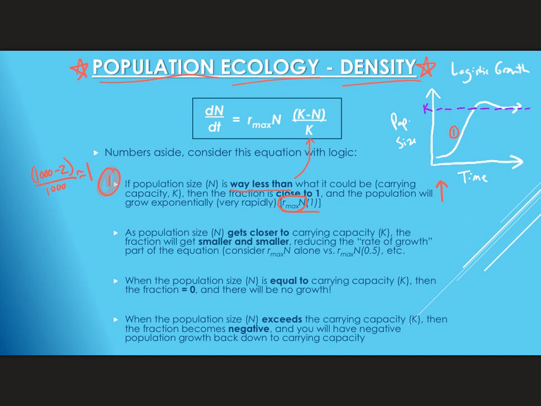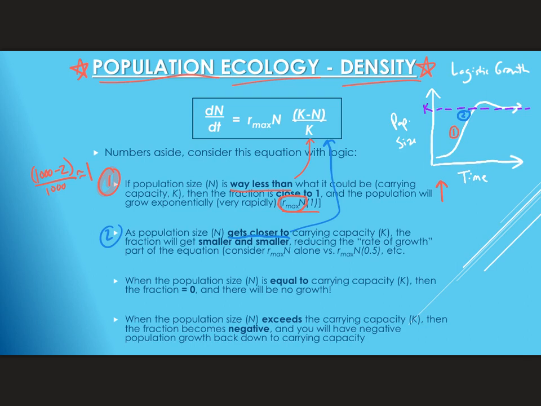or exponential growth. Now, then let's move on to our second bullet point here, 2. And we're going to say this is what's starting to take place in this area on my graph. So as n approaches or gets closer to carrying capacity, this fraction at the end of our formula is going to get smaller and smaller.